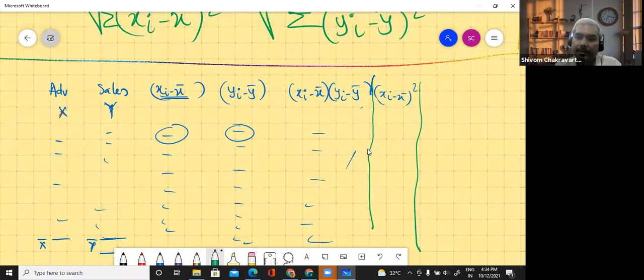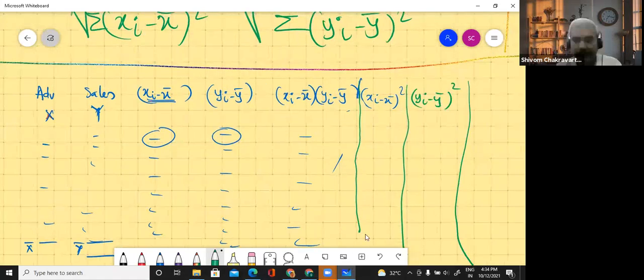There are 10 data points in this case, and the rest of the formula can easily be applied if we have all these. It is easily done, so we'll do that in the next session.